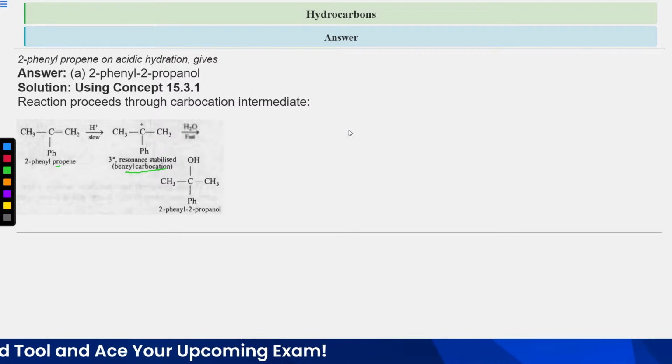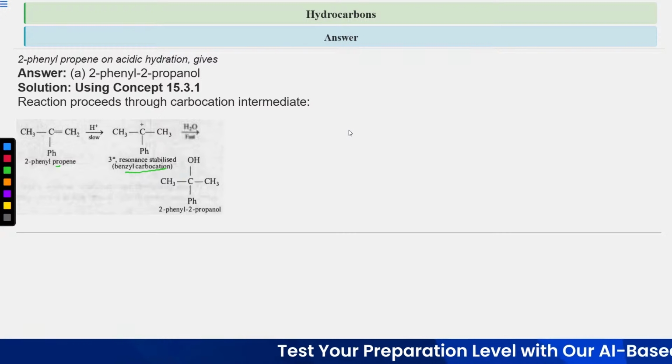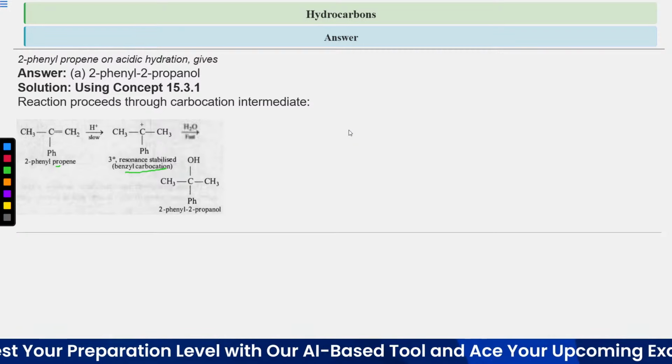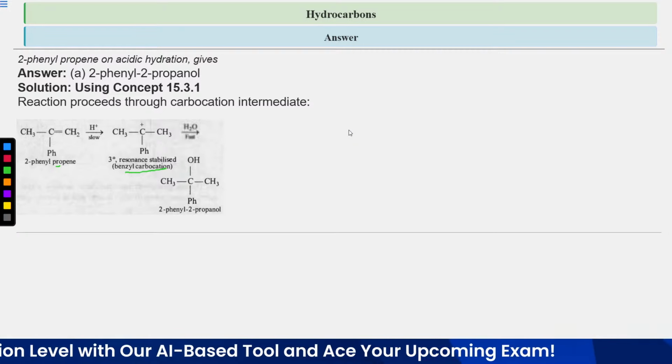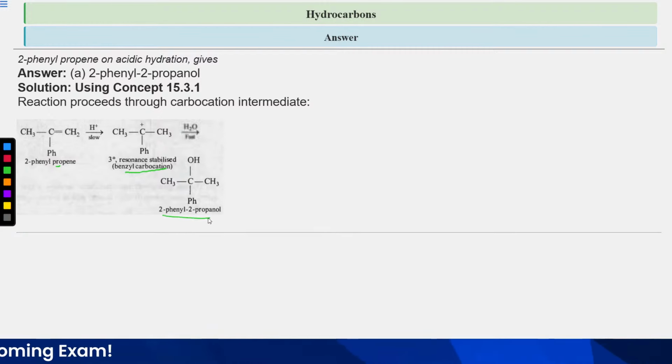It is a fast reaction, and it will convert to an alcohol, which is CH3 single bond C single bond CH3, and at the second position we have a hydroxide group and a phenyl group. So 2-phenyl 2-propanol, right? This will be the final product we obtain when you do the acidic hydration of 2-phenyl propene. Thus our correct answer is option A.